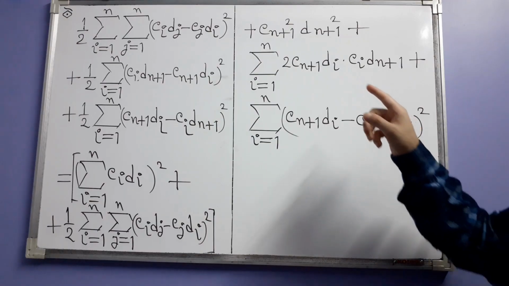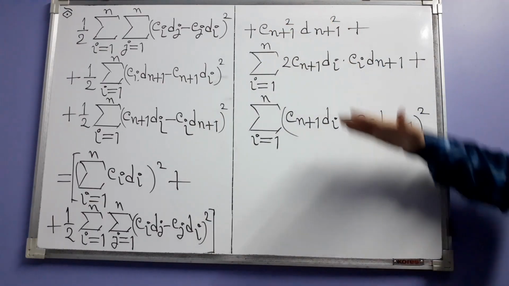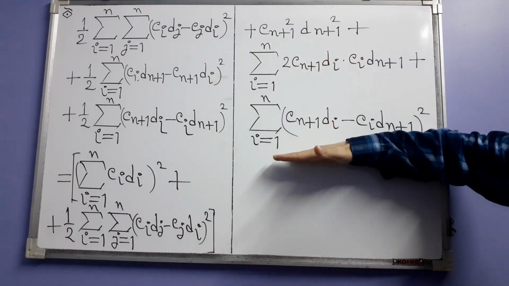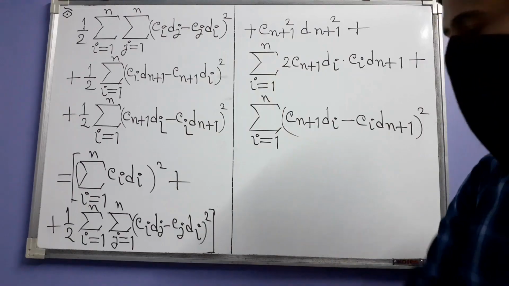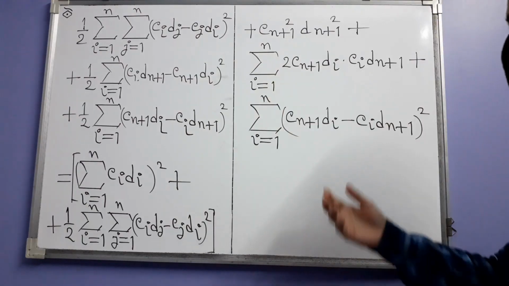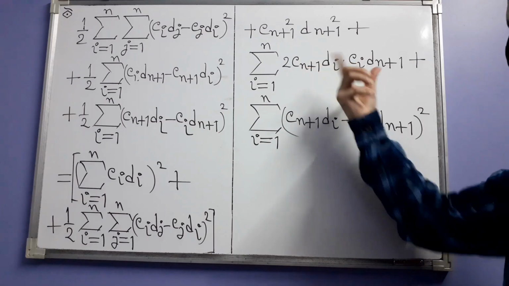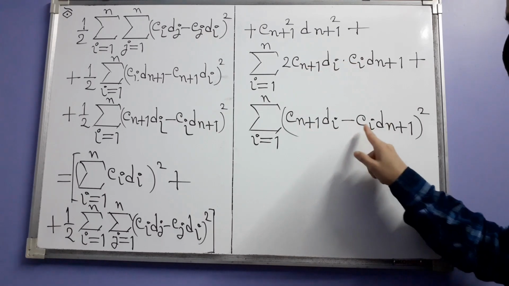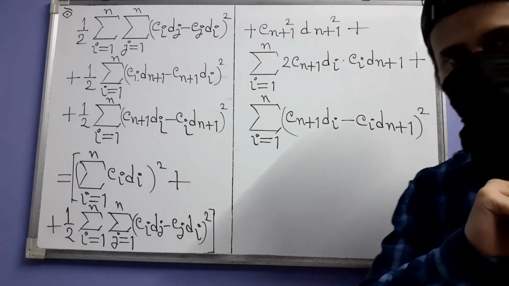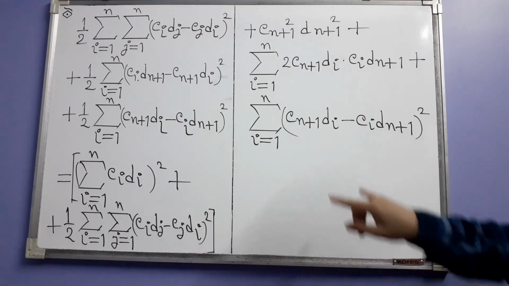Now you momentarily forget about this. You concentrate on this and this, and here also you forget about the summation symbols for a moment and think of this single square and this single product. What do you see? Cn plus 1 di minus Ci dn plus 1 whole square. If you expand this square, what shall you get?